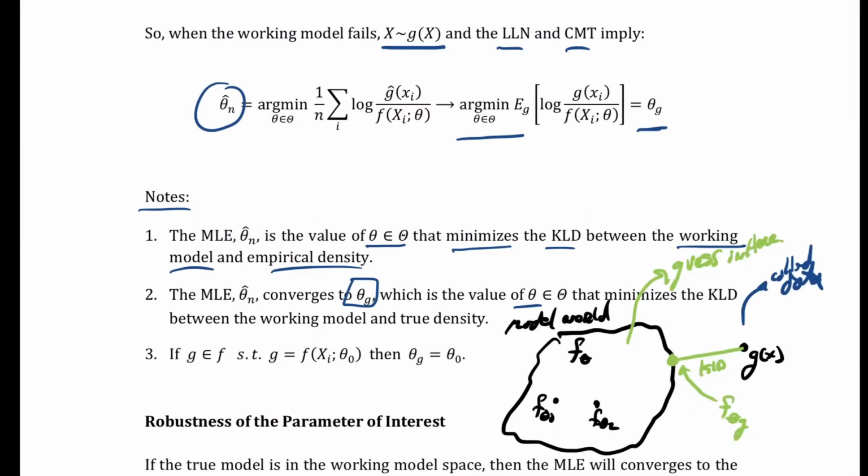This point here is the theta that is closest in model space to G. That's all that you're picking, right? So here we go. This is closest to model G in model space. And you want the point that minimizes that piece. So that's this. This is the minimization part. And this is by definition.